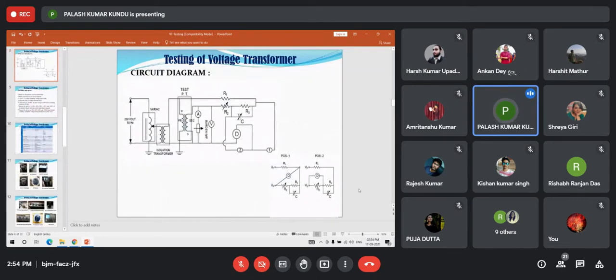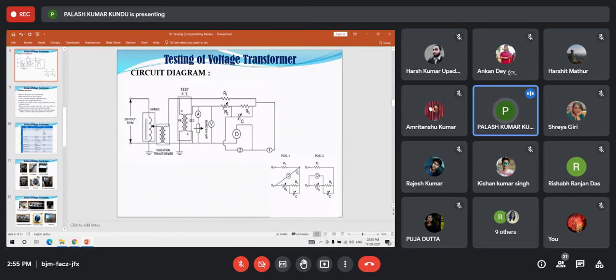Now you can ask the question why there are two different null circuits. Whenever the voltage across the variable R2 is very, very small, then we have to use position 2, which is preferable, because the null voltage will be higher.